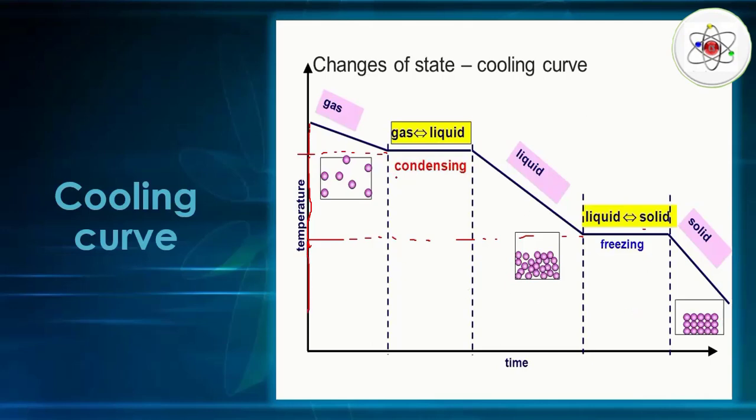So this is the cooling curve, which is exactly opposite to that of the heating curve. Hope you understand the change of state and the heating and cooling curve in the light of kinetic particle theory.